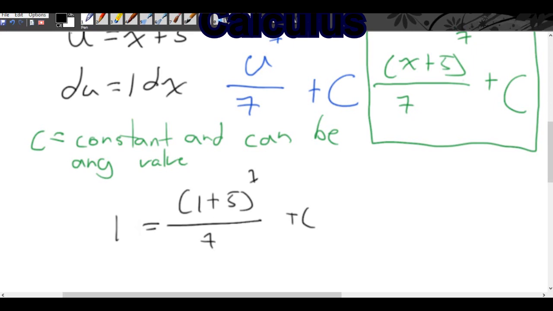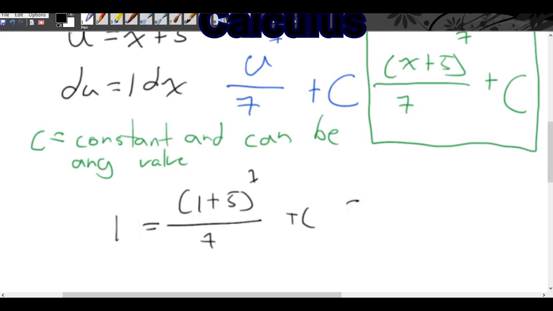Now that's 6 times, hold on. So let's see here. We've got 1 equals 1 plus 5 to the power of 7 over 7, and it's going to be subtracted by 1. I think we've got about, hold on, let me just clear everything out.